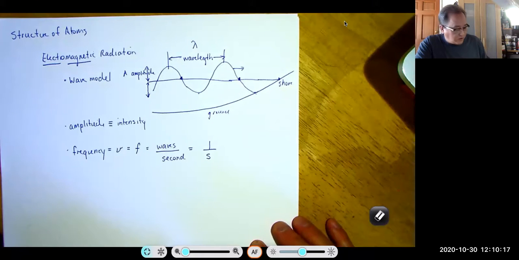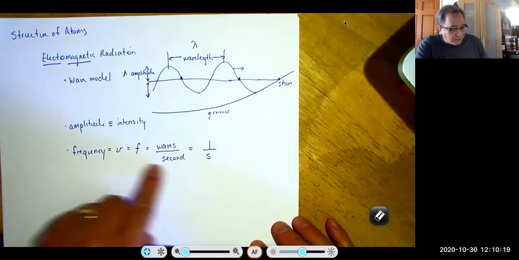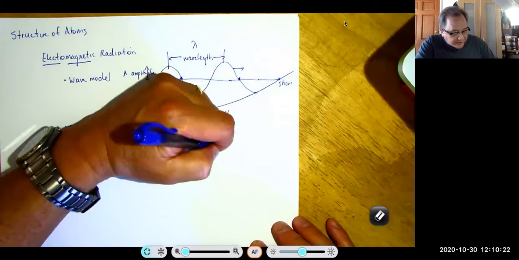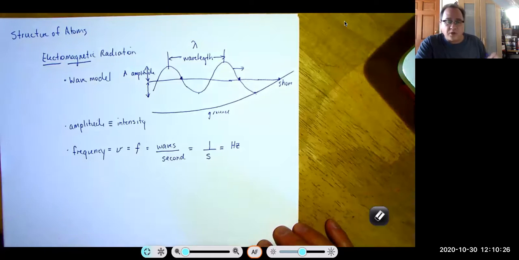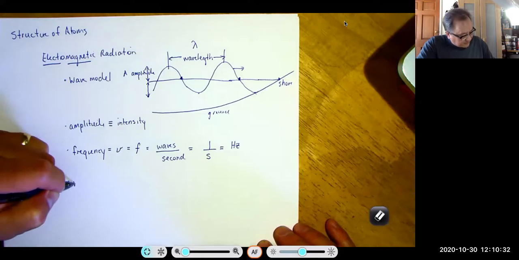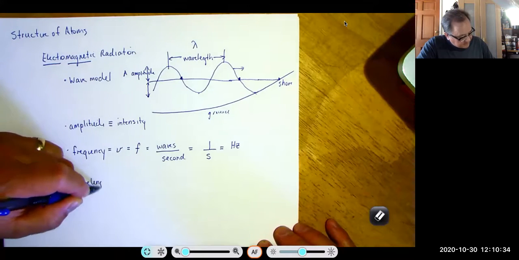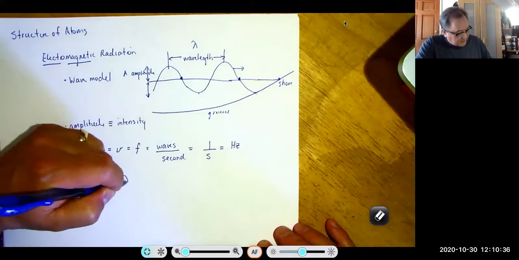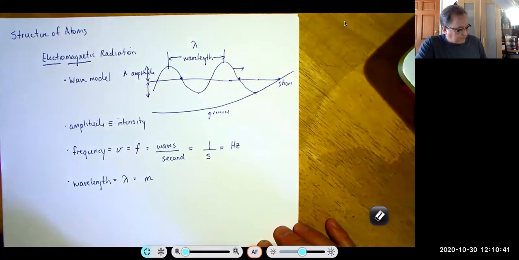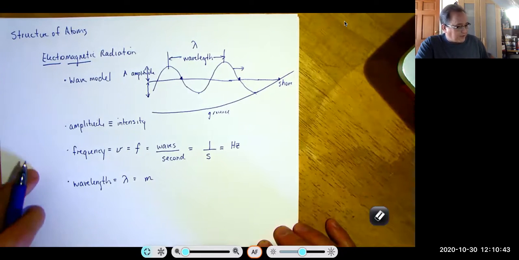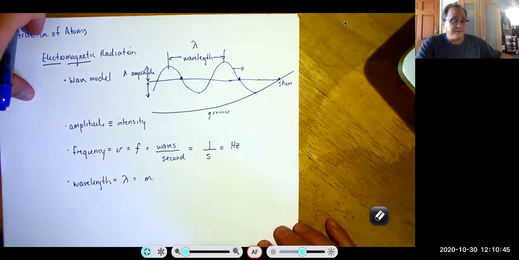So the official units of frequency are per second. And we also say that that's a hertz. So 1 per second is the same as 1 hertz. And here, of course, we have wavelength. And wavelength is measured in meters. Okay, so that's electromagnetic radiation.